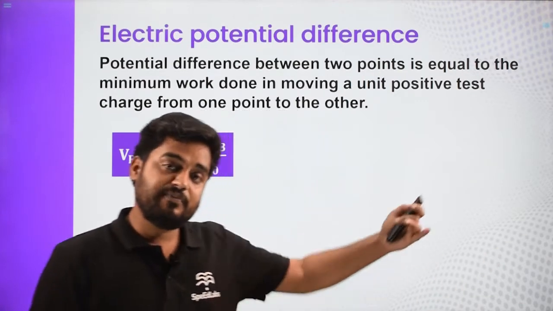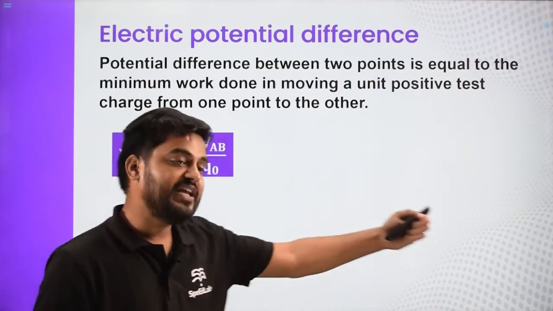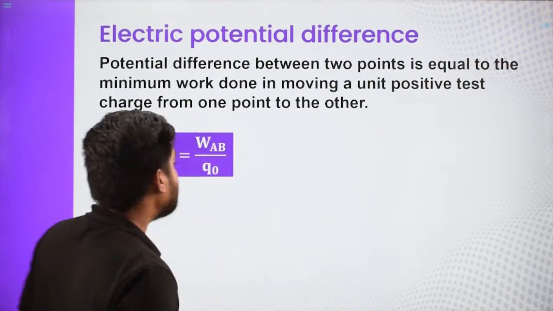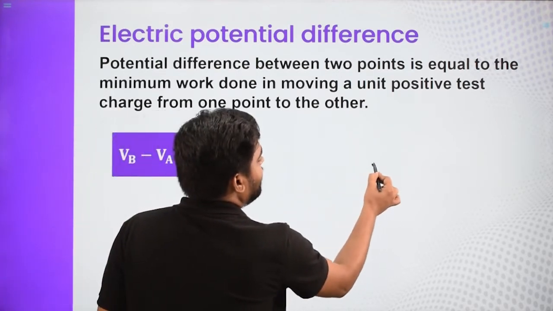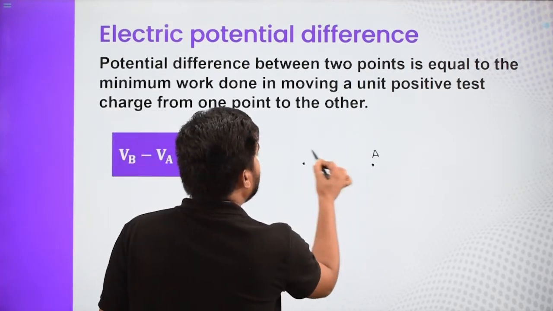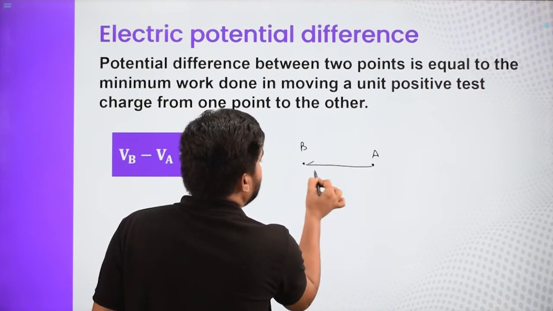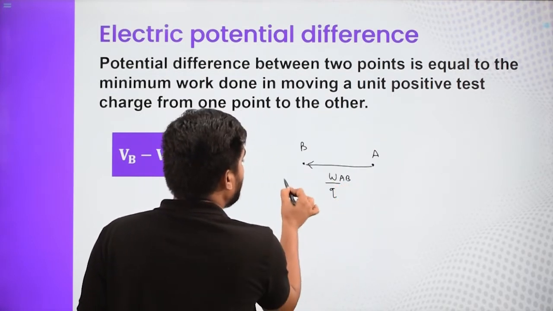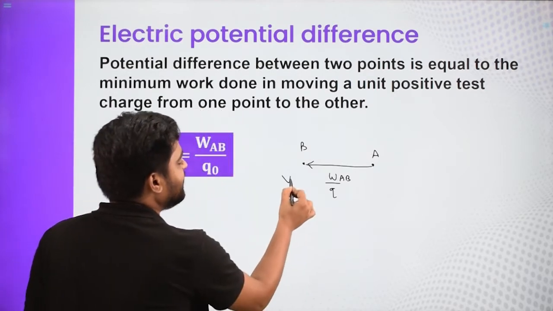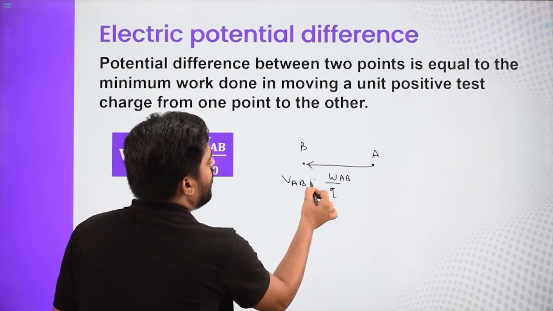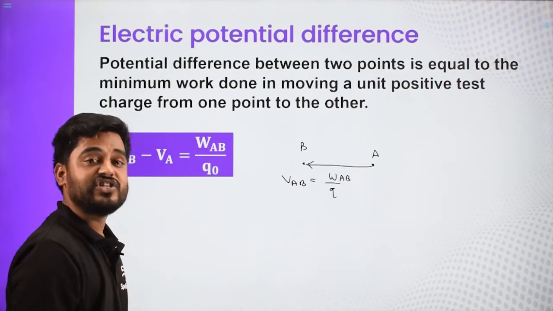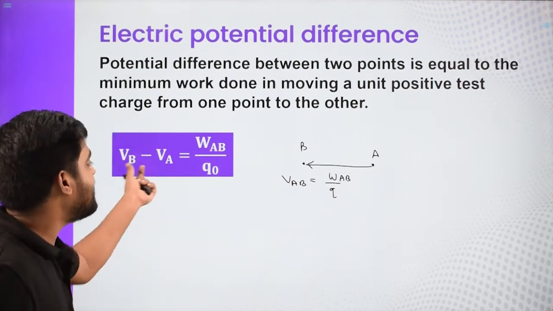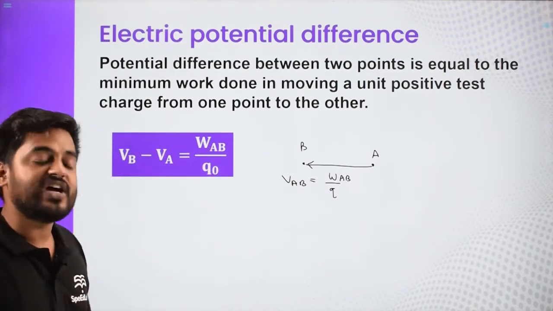Previously we were bringing the charge from infinity to that point. Now we are moving from one point A to another point B, and the work done per unit charge in moving it from A to B gives the potential difference between points A and B, or we can say the potential difference between VB and VA is the work done per unit charge from A to B.